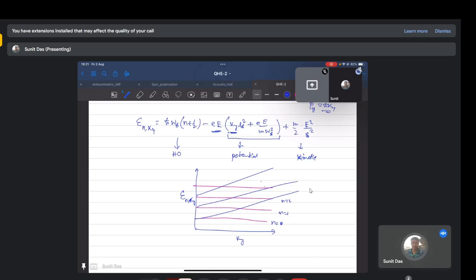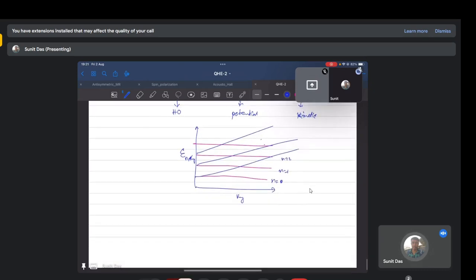Because of this dispersion, we can think that because of the application of electric field, the Landau levels become dispersive along the ky direction, and consequently we have some current. Because if we have exactly dispersionless bands, then the velocity is absolutely zero, right? So velocity is given by 1 by h bar del epsilon del ky.